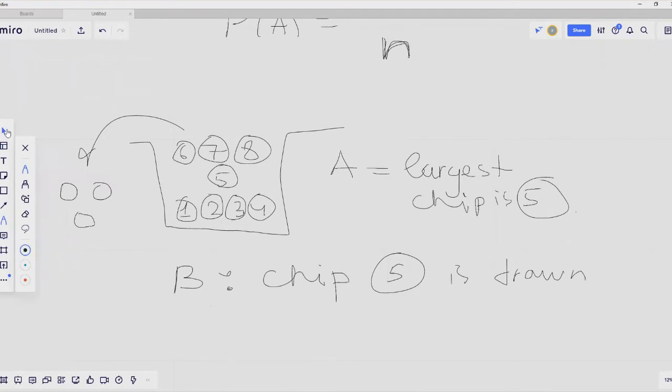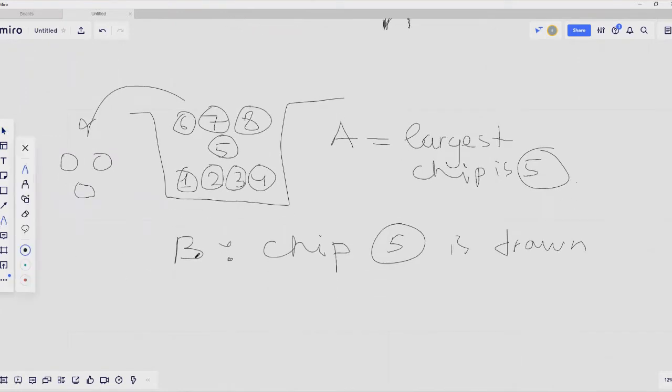Second, this chip number 5 should be the largest in our sample, meaning that the 2 other chips that are drawn are going to be drawn from the subset of the sample space numbered from 1 to 4. So the second event, C, is that 2 out of 1, 2, 3, 4 are drawn.